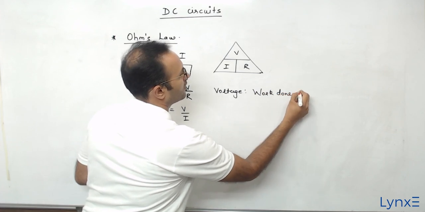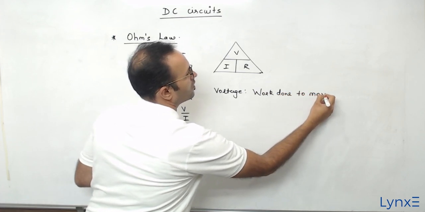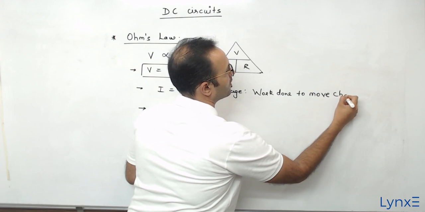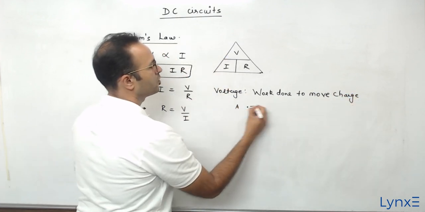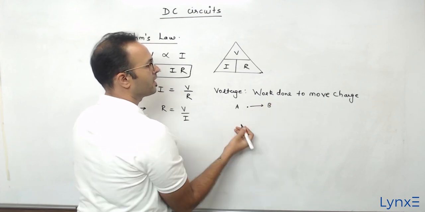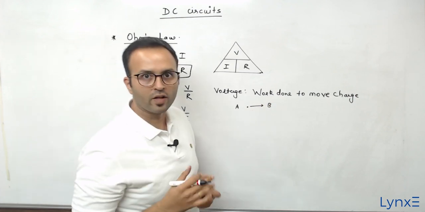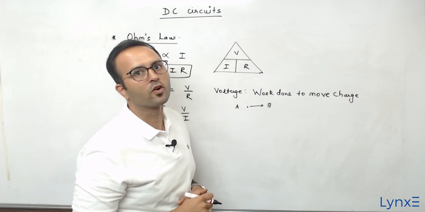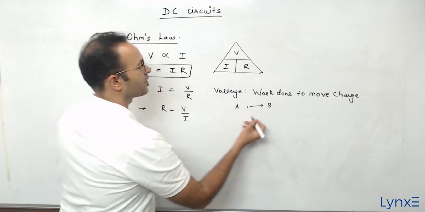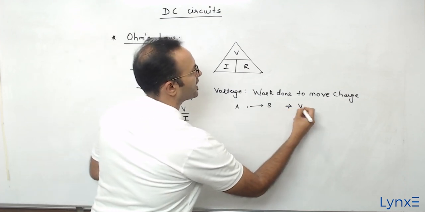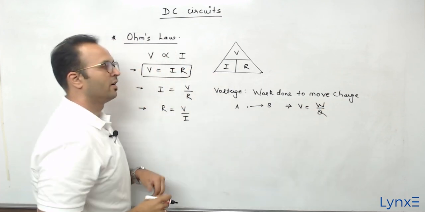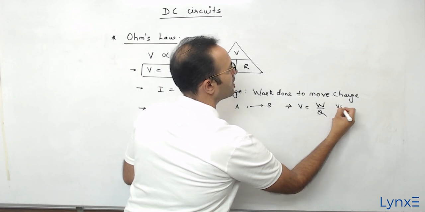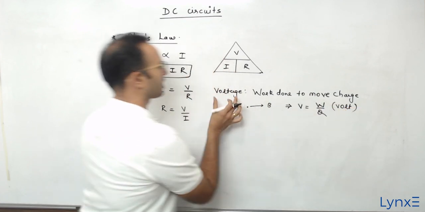Suppose I have a charge at A, and to move this charge from A to B, whatever work is done is what we define as voltage. So voltage is the work done per charge, where the unit is the volt. So that was voltage.